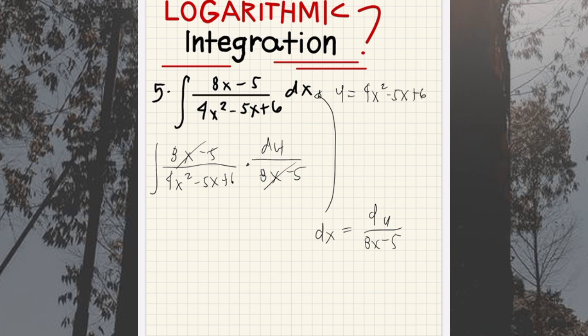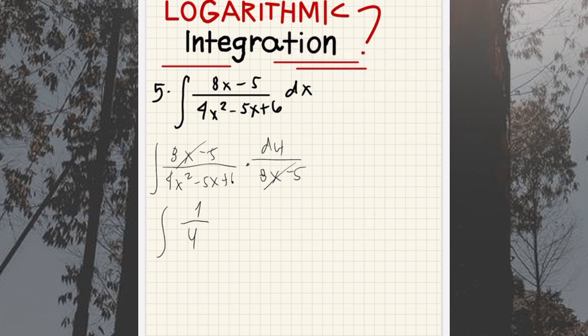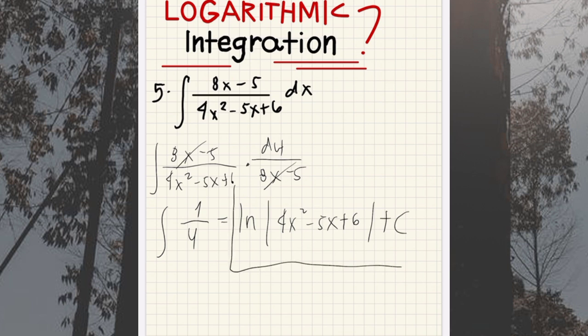So this becomes 1 over u, and the integral of 1 over u in the rule is equal to ln |u| plus c. Substitute the value for u, and this will become ln |4x squared minus 5x plus 6| plus c. So this is our final answer.